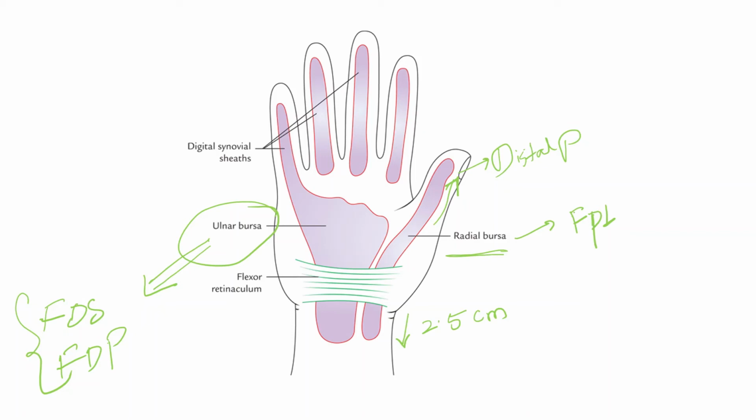This ulnar bursa also arises about 2.5 centimeter proximal to the flexor retinaculum, and distally we can see the ulnar bursa reaching up till the distal phalanx of the little finger, the fifth finger, whereas this ulnar bursa is detached from the digital synovial sheath of the other fingers.